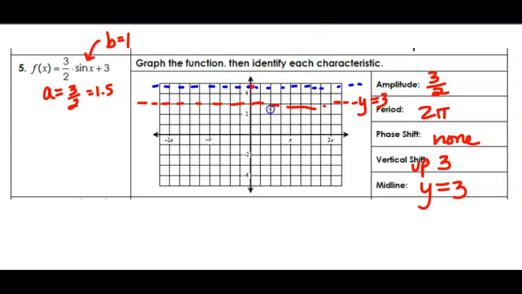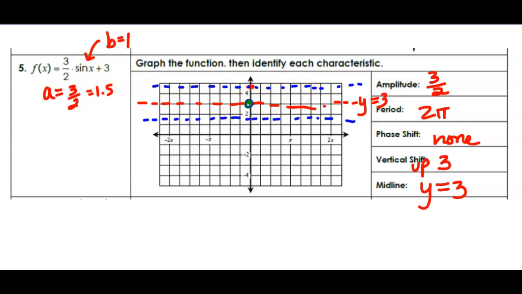And then I go down 1.5 from 3, midline down 1.5. So that would be 1.5. Because 3 is in the middle, and you go up 1.5, you're at 4.5, you go down 1.5, you are at 1.5.